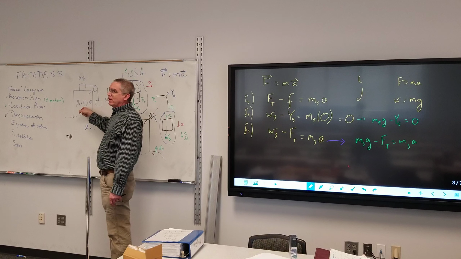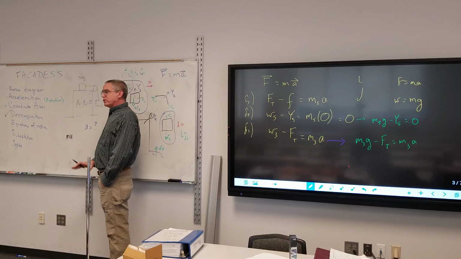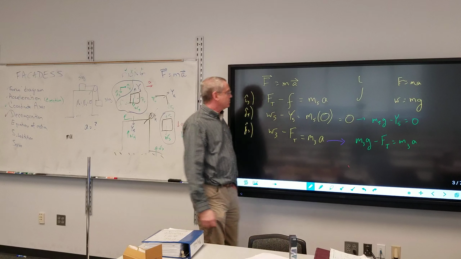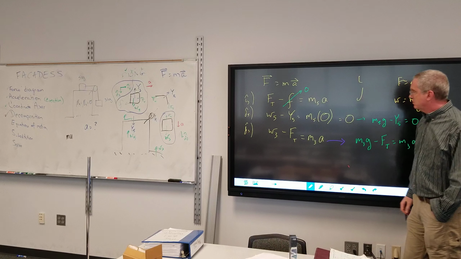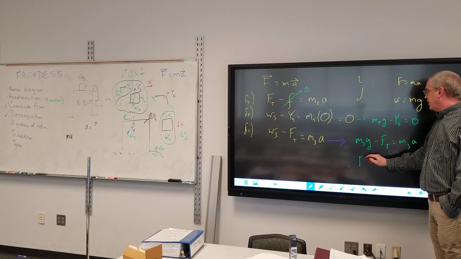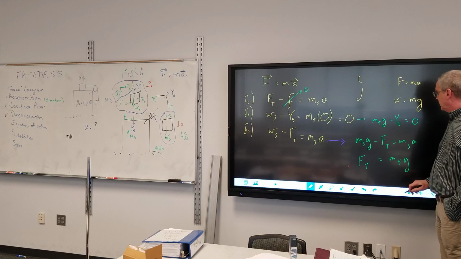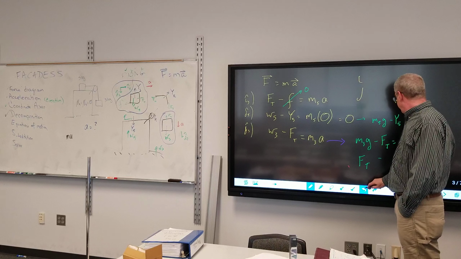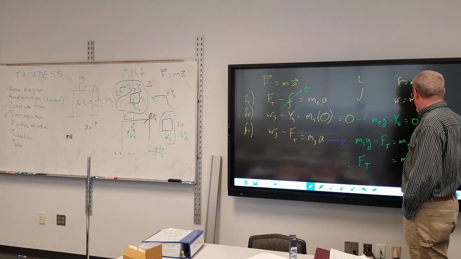Static friction, they're not sliding. But we're ignoring friction for this part. So that is 0. And so I'm left with Ft equals M5G.